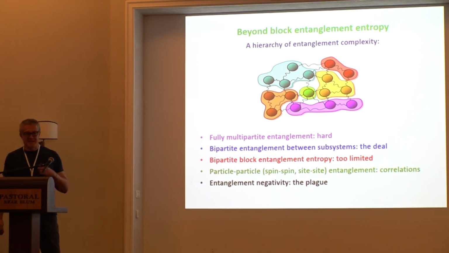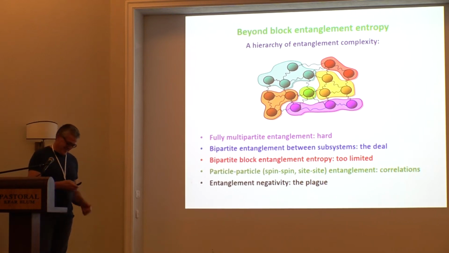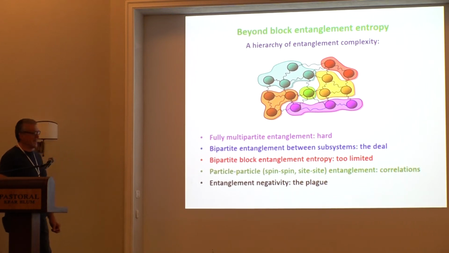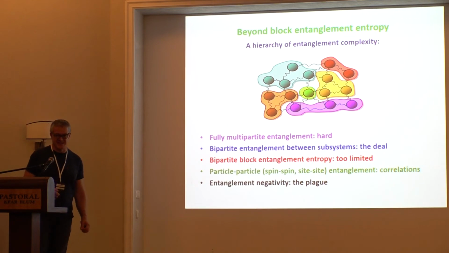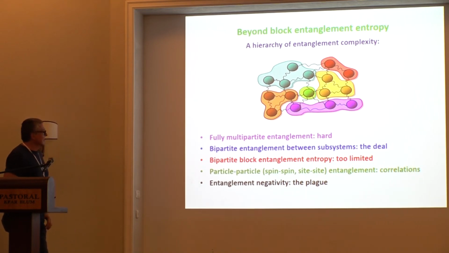But it has many, many drawbacks that lead us to conclude that actually it's a very ill-defined measure of entanglement, and should be avoided like the plague, like a pest. And I will show you why in a short while.